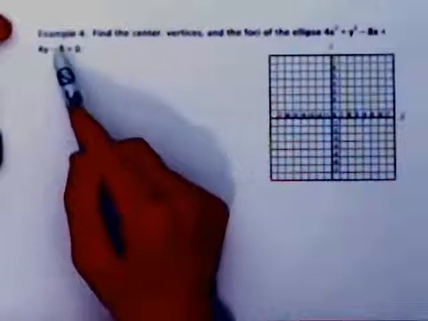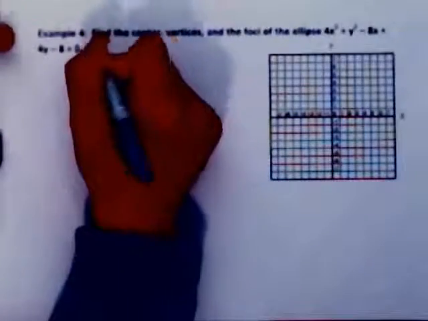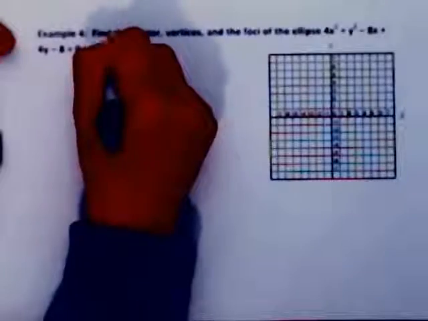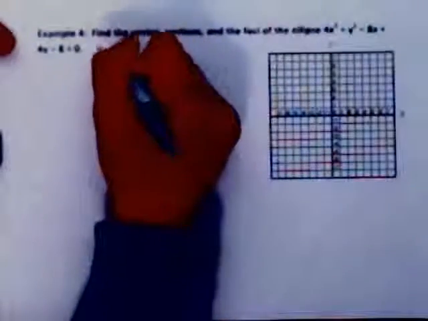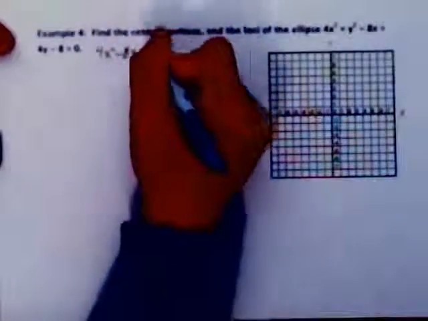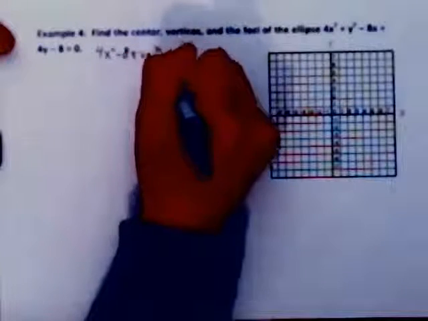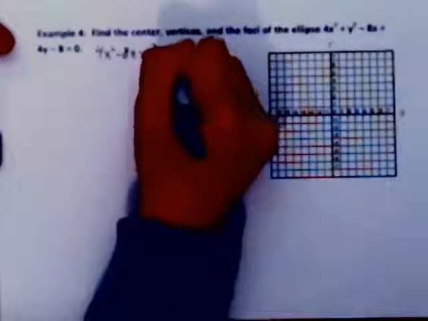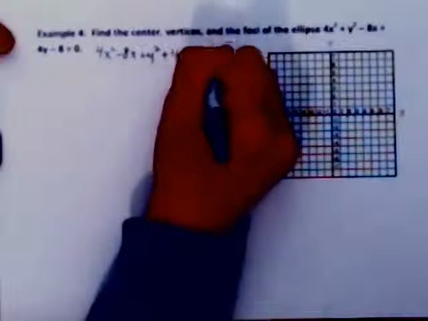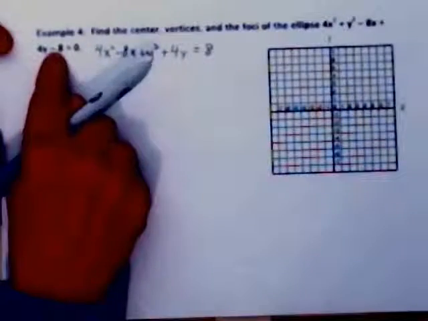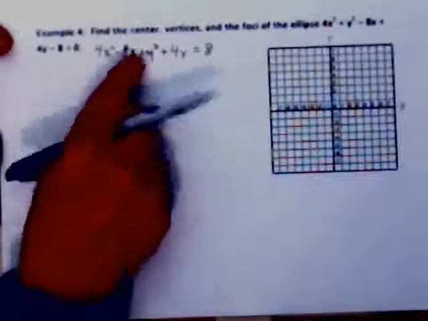So we do the same thing. We have to complete the square first: move the 8 over, and complete the square. So let's try that. 4x squared, and then you have minus 8x plus y squared plus 4y is equal to 8. First thing I did was regroup them into the x's and the y's and move the constant over to the right side.